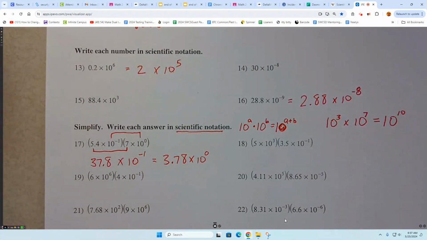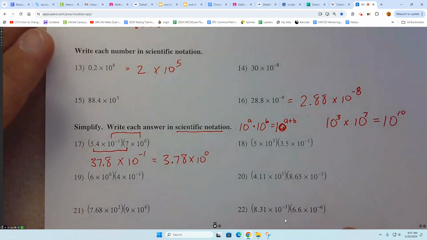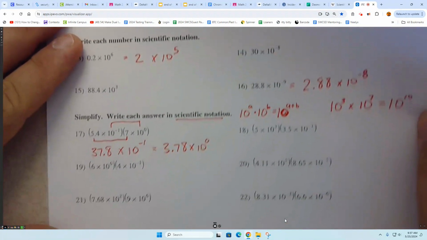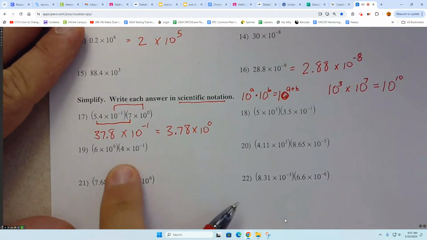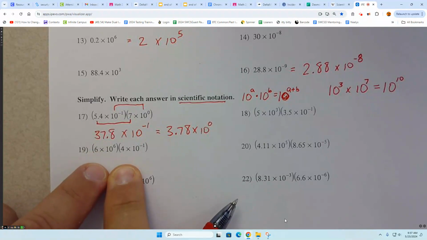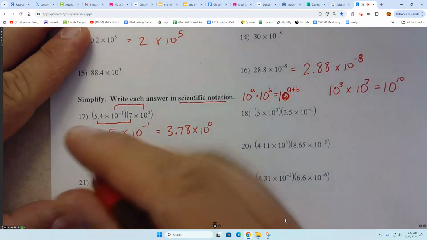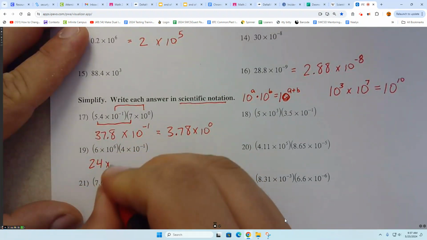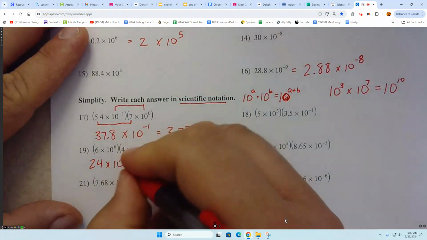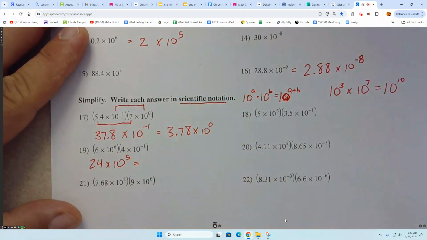What if we put the thing in parentheses? That's where we'll talk about that in a minute. You're asking the question that I was going to ask in a minute. Okay, so what happens with this next one? This one I can do in my head. 6 times 4 is 24, times 10 to the 5th. I can't leave my answer like that.